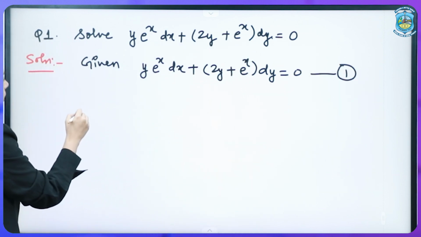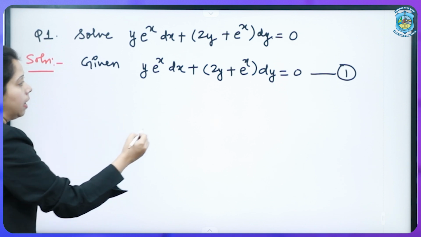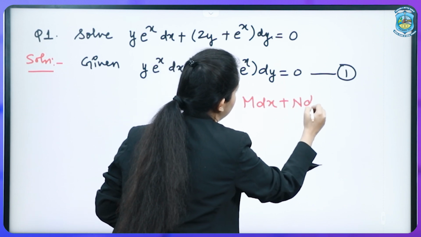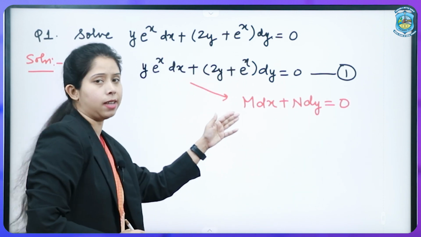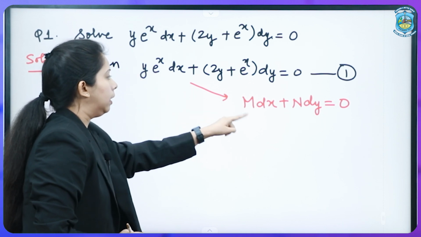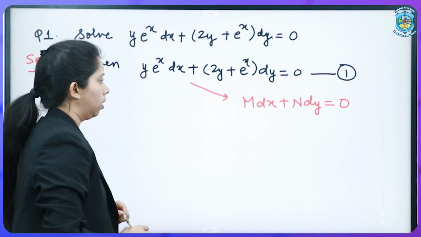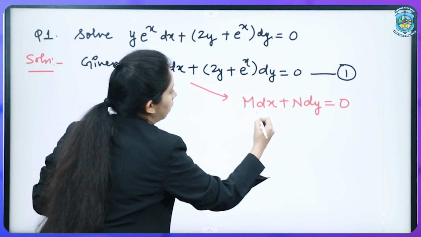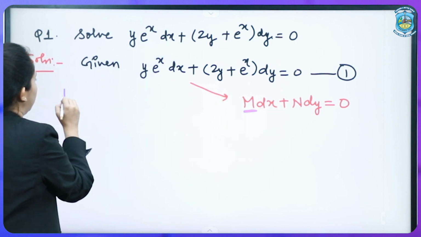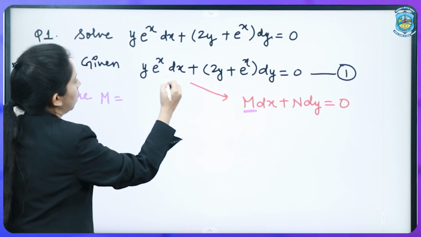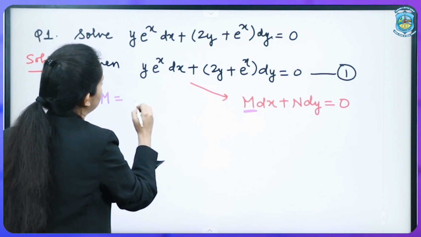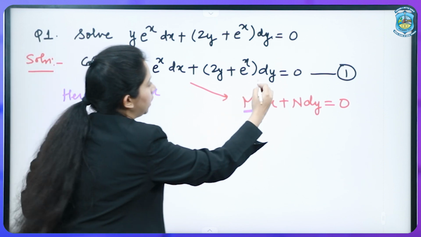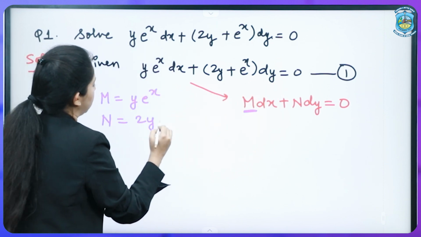Now, you can compare this differential equation with the standard exact differential equation, that is M dx plus N dy is equal to 0. We will compare this standard differential equation with our question. So here capital M is the coefficient of dx, that is y e raised to the power x, and the coefficient of dy is 2y plus e raised to the power x.